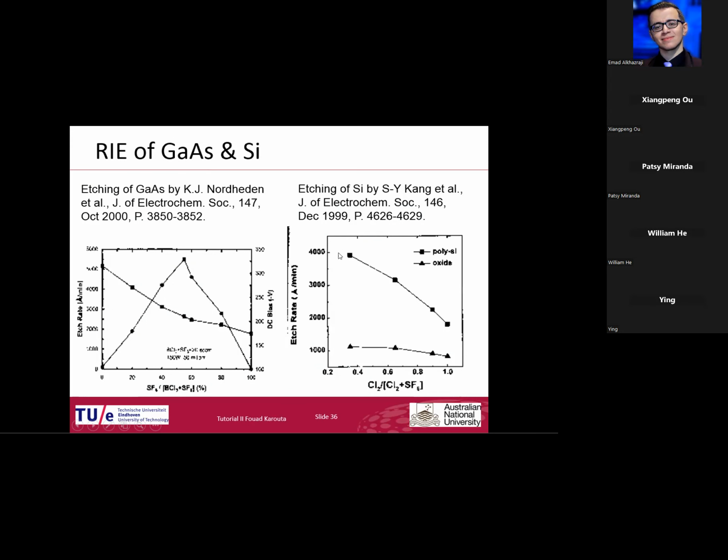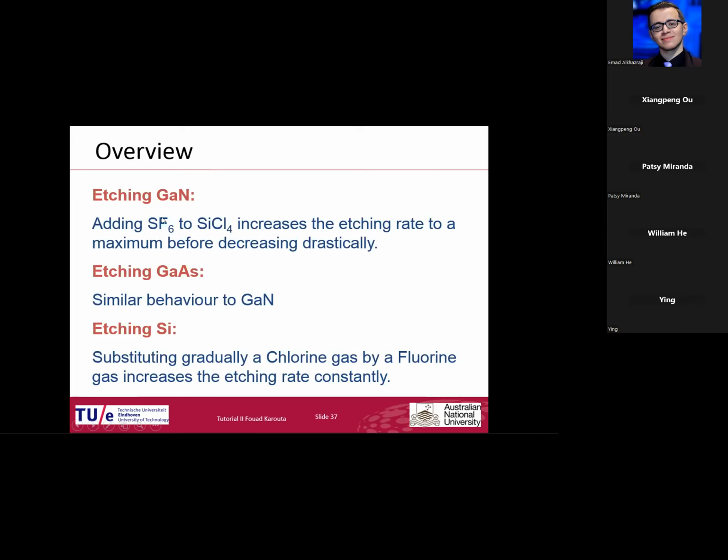In silicon, the etch rate keeps increasing. Here is the etch rate versus Cl2 with very small SF6, the etching rate variation of polysilicon or oxide. Bottom of the story, for etching gallium nitride: it works with gallium nitride, it works with gallium arsenide, but you get this Gaussian shape.